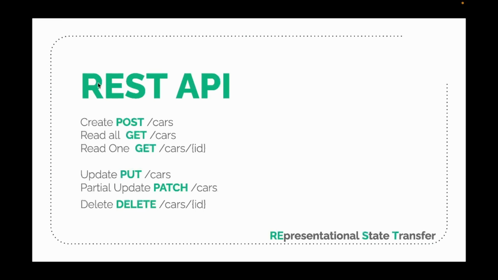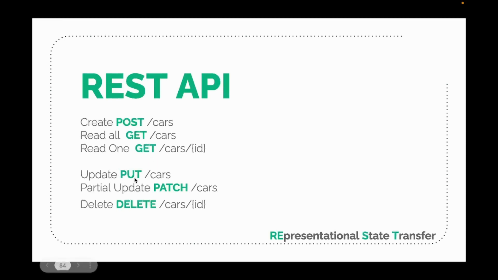If we combine all this, this is REST API, which is a representational state transfer. It basically represents the state of a resource. If I want to create a car, I will just use post /cars. It will create the information that I will send. If I want to get all the cars, I will use get cars. If I want to fetch only one car, I will use get with the ID of that specific car.